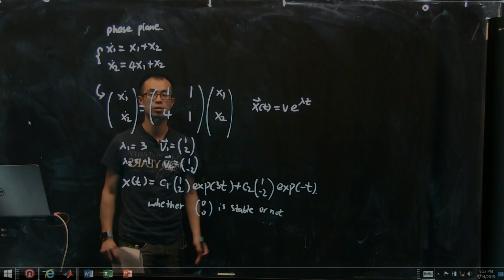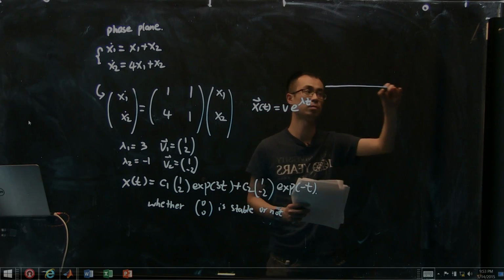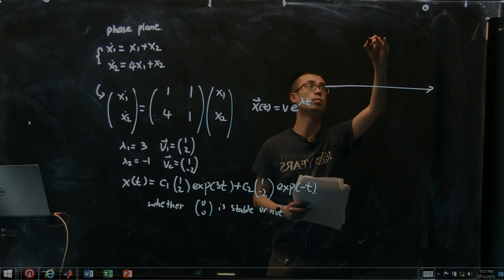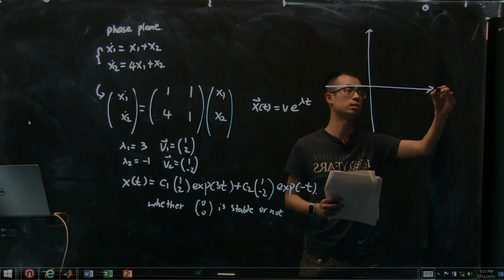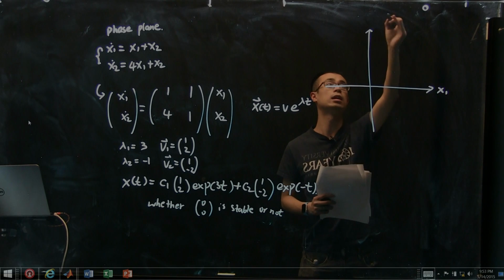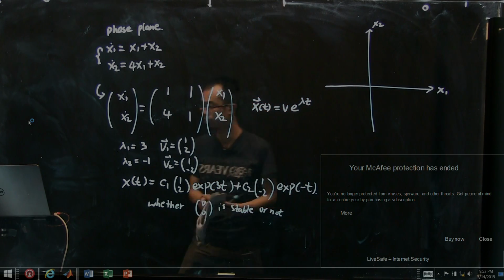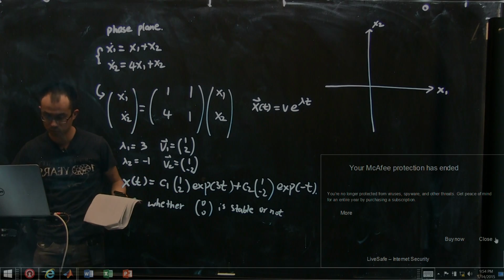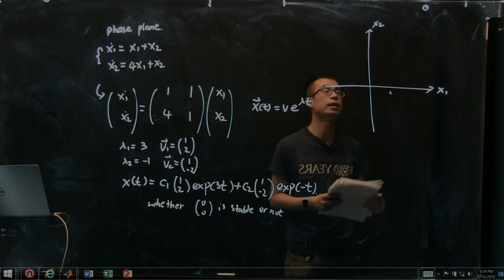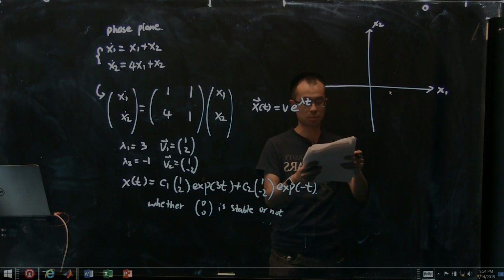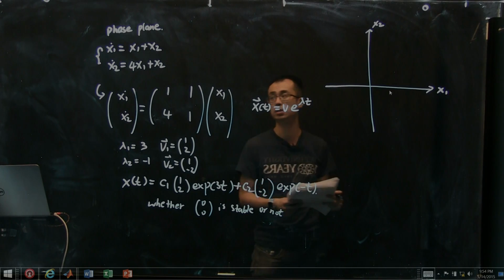Okay. So the way we are going to plot the phase plane: the x-axis is x1, the y-axis is x2. And then we pick, so obviously this is not as easy as first order problems.